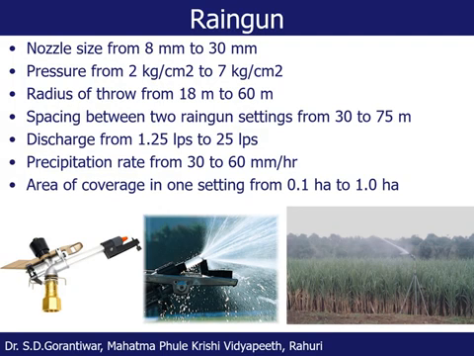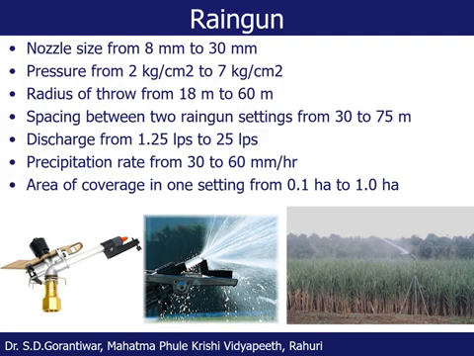Then of course, if we have a much larger field, then we need more than one rain gun, or the same rain gun can be shifted to another place for the next setting, and for that the spacing between two rain guns can vary up to 75 meters. We need huge discharge, up to 25 liters per second. The precipitation rate can vary from 30 to 60 mm per hour, and we can irrigate an area up to 1 hectare.